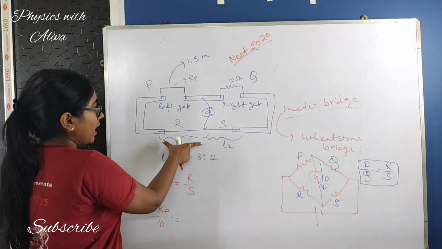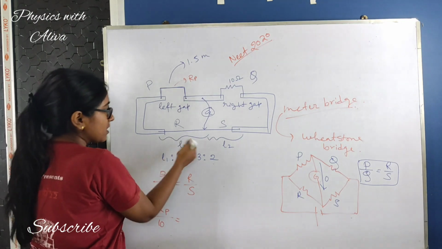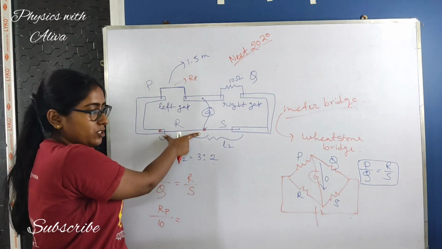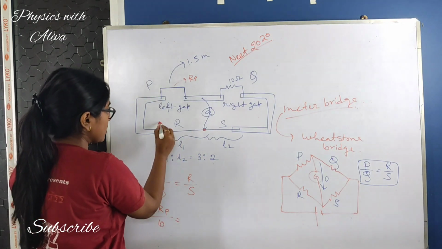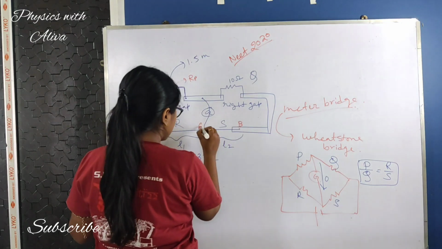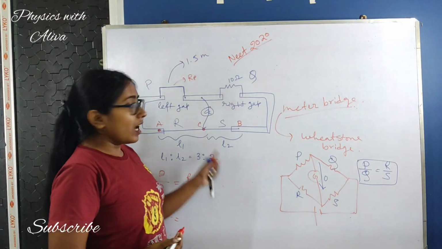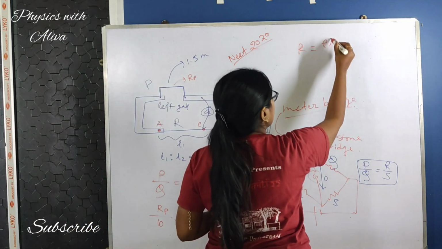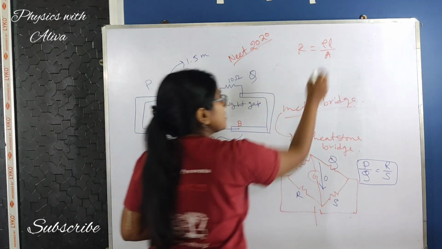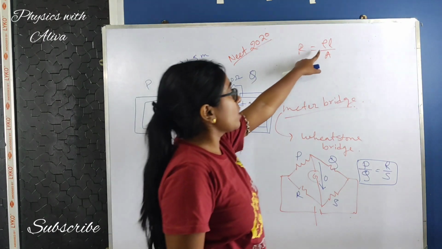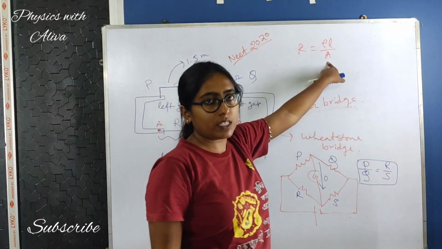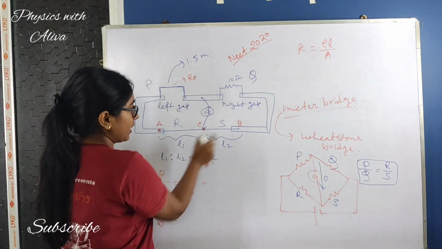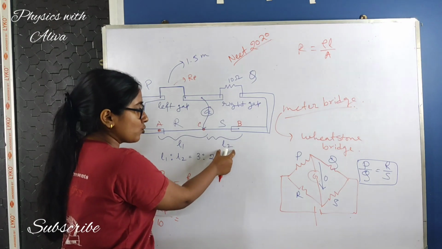And here R resistance means this length of the resistance wire of the meter bridge. Suppose this is A, this is B, and this terminal is C. So the resistance R from the meter bridge is equal to rho L by A, where L is the length of the wire, rho is the resistivity of the wire, and capital A is the cross-sectional area of the wire. So in case of R, the length is L1, and in case of S, the length is L2.